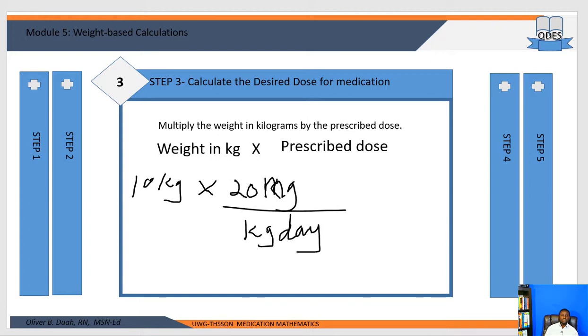Okay, so kilograms will cancel kilograms, and this means we are going to have 200 milligrams per day.